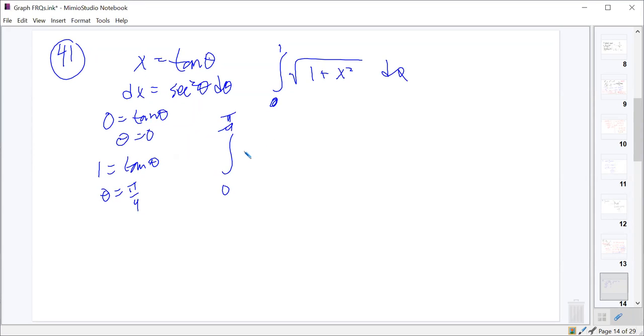And so we have 0 to pi over 4 of the square root of 1 plus tangent squared theta times secant squared theta d theta. 1 plus tangent squared theta is equal to secant squared theta, and the square root of secant squared is secant. So secant times secant squared is secant cubed.